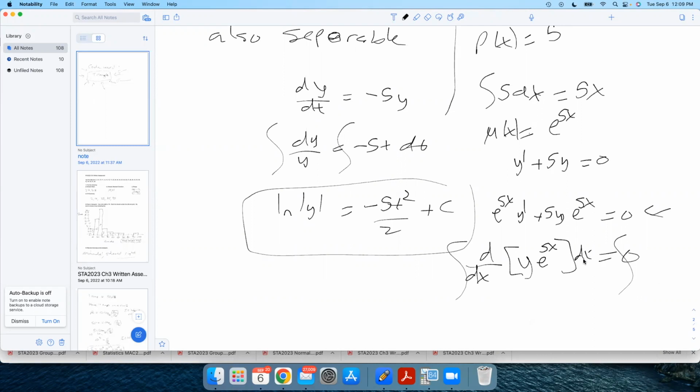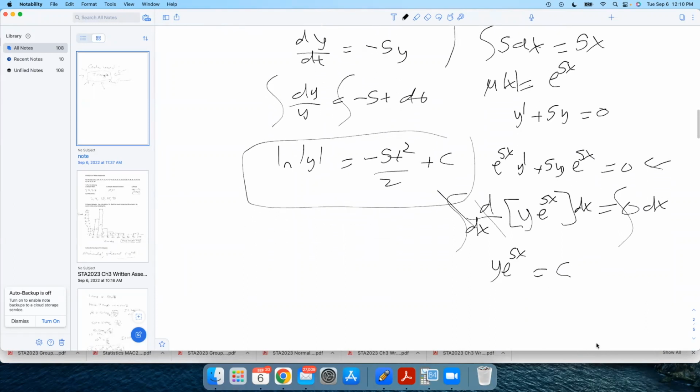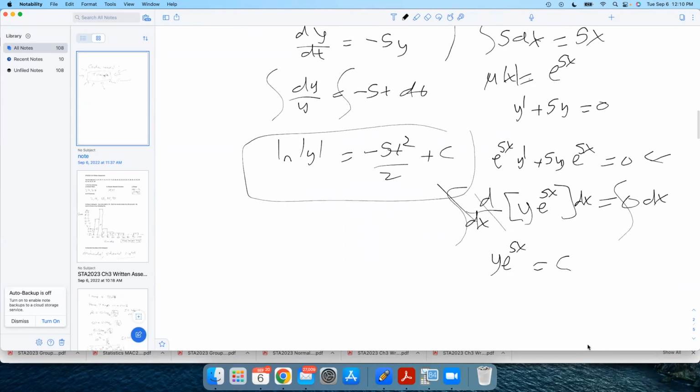So I have to put a dx on both sides. Then the antiderivative of the derivative dx, these just cancel out, leaving y e to the 5x. And on the other side, the antiderivative of 0 was just my constant c. So we get y equals c e to the -5x.